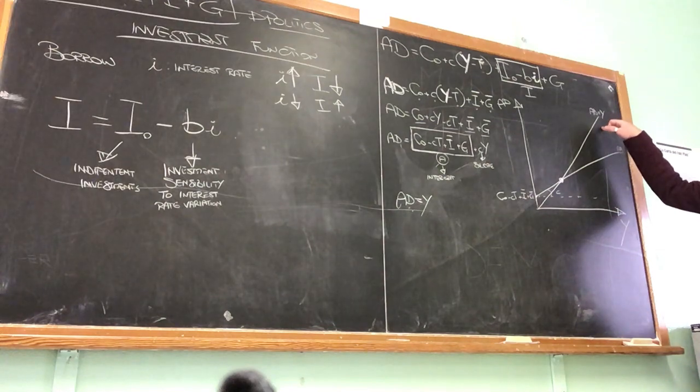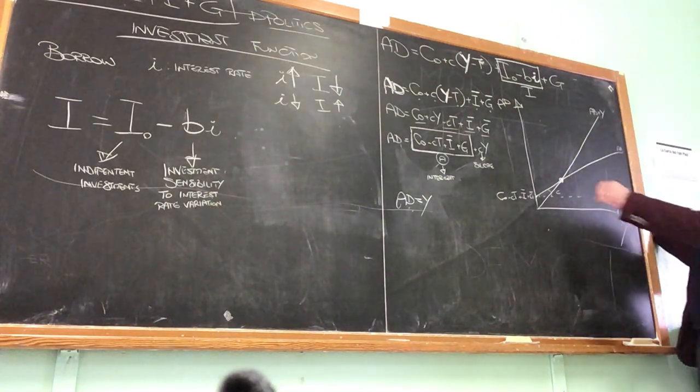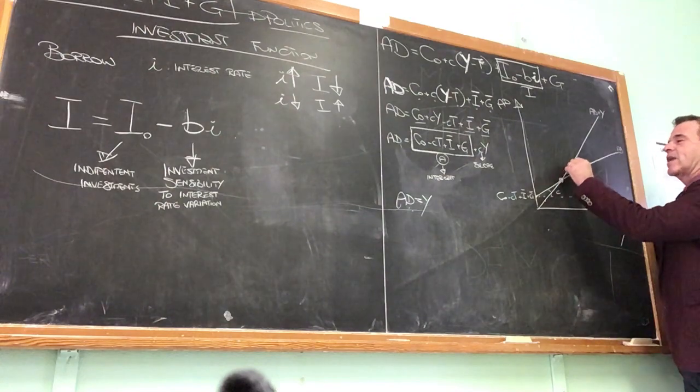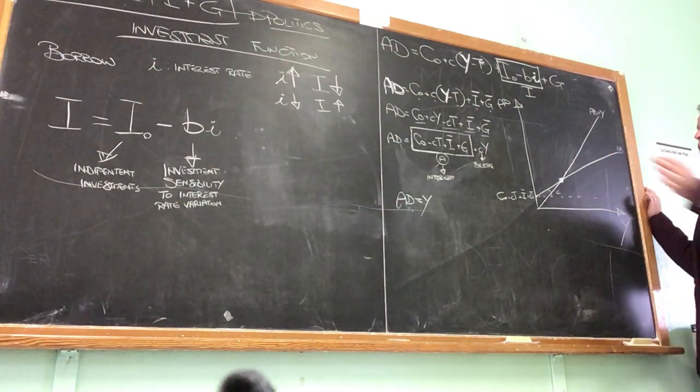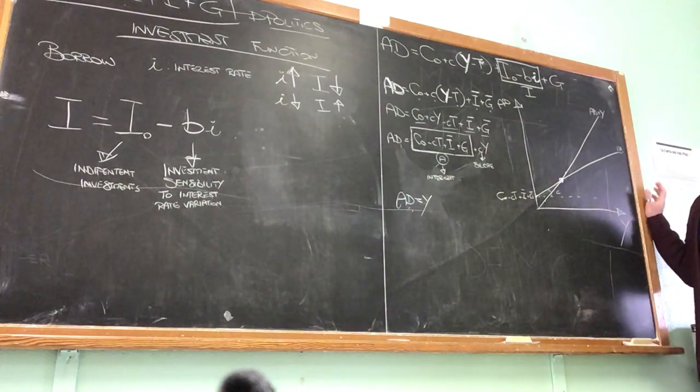If this straight line represents all the equilibrium points in the goods market, it means that all the points of this straight line are an equilibrium of the goods market, and all the other points that are not on the straight line are not in equilibrium.